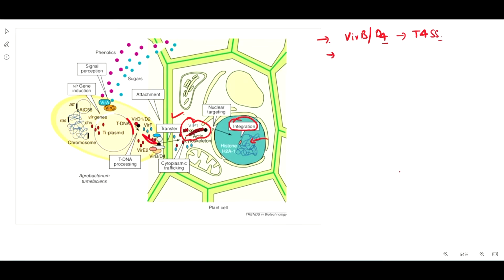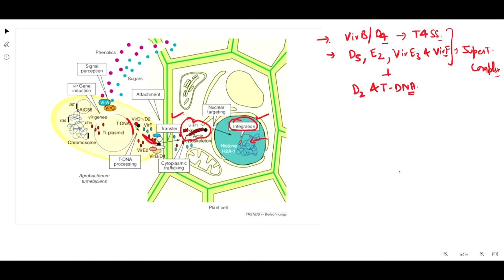Other than that, they also contain VirD5 protein, VirE2 protein, VirE3 protein, and VirF protein. Together they all make the super T complex, and they also have VirD2 and the T-DNA nucleoprotein complex. So now let's talk about the integration into the host genome.